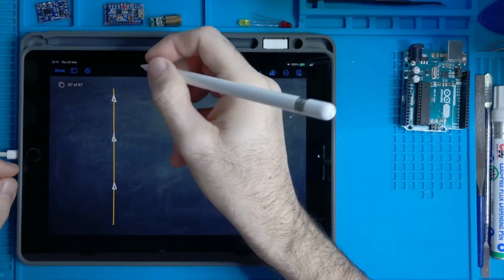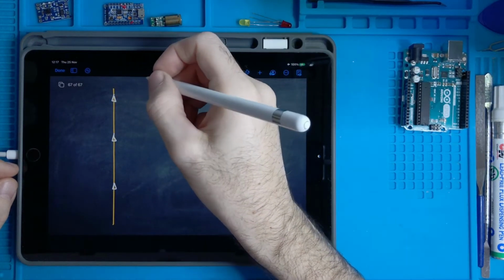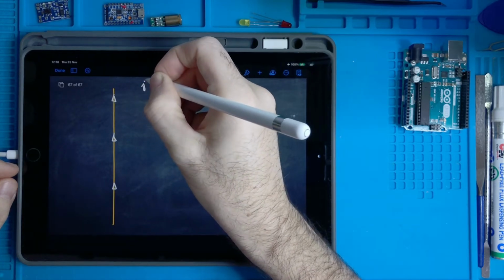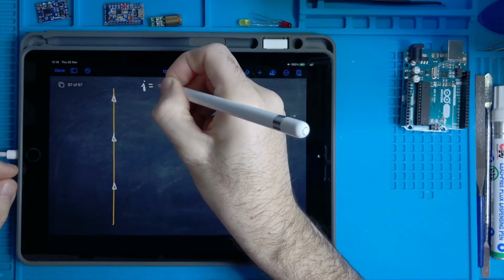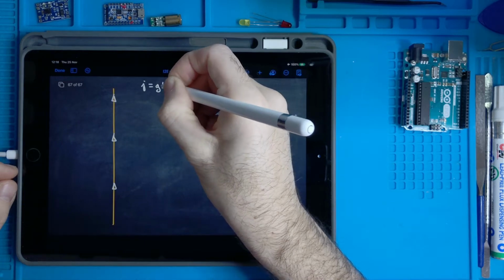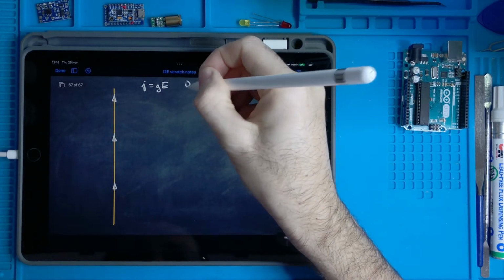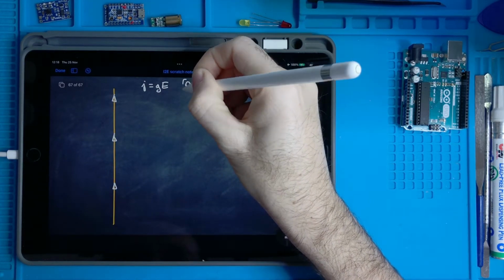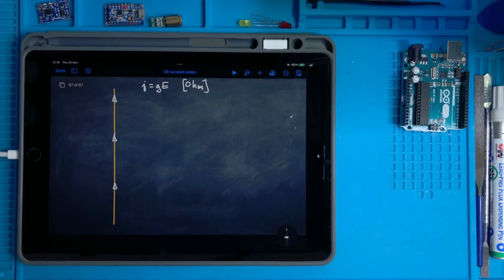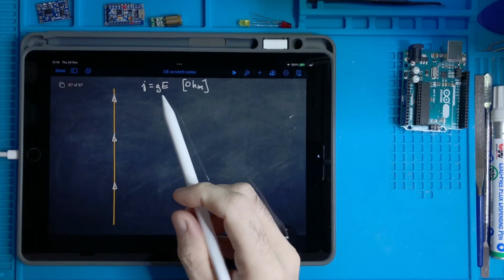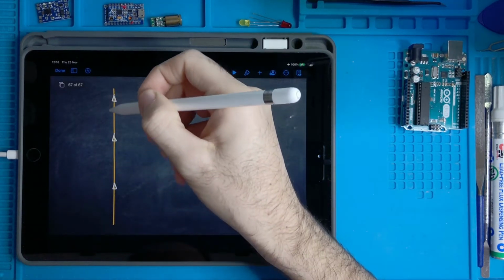So we know that there is a current, so there is a current density J, and in a conductor this current density equals sigma times E, the electric field. This was the local Ohm's law. So there is an electric field inside the wire.